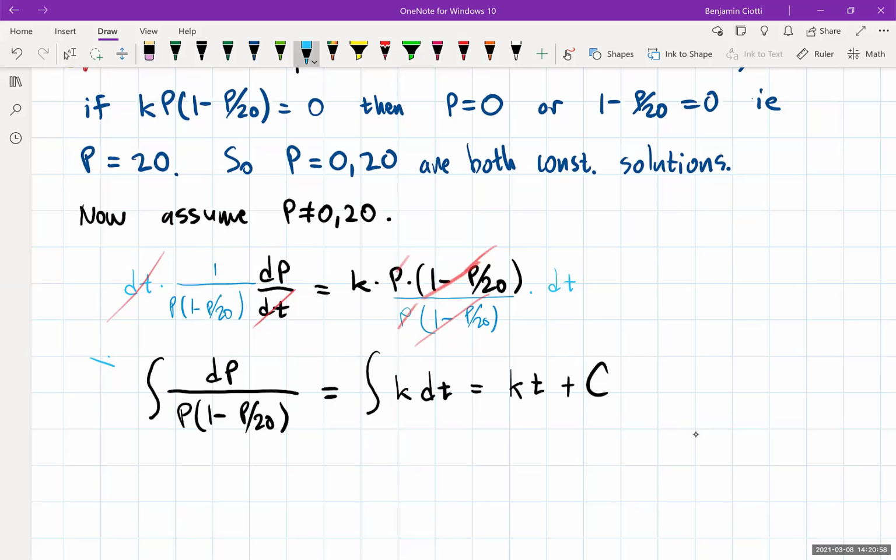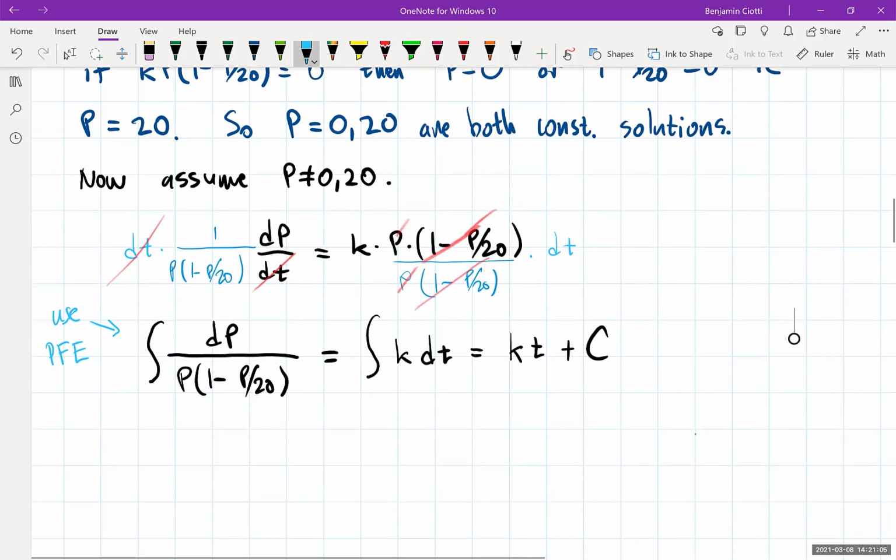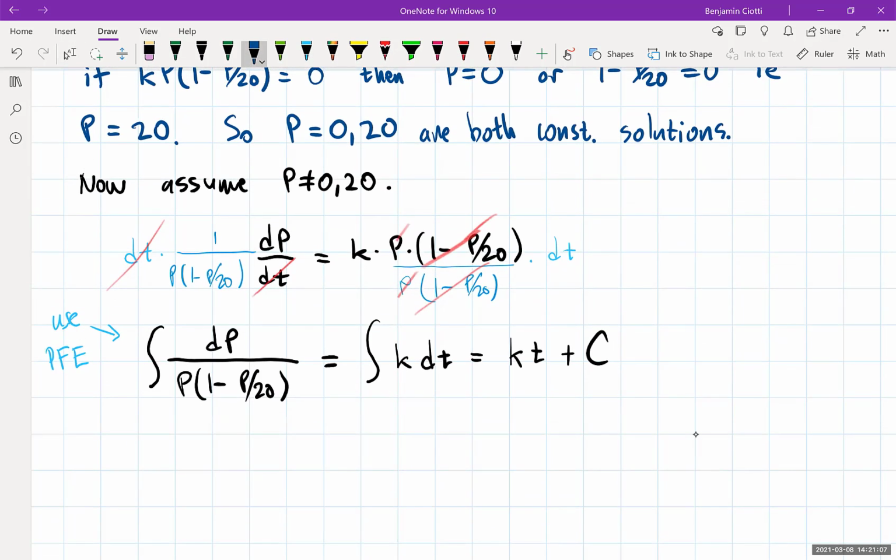So let's use the partial fraction expansion on that term on the left. So let me expand it. 1 over p times 1 minus p over 20, I think I'm going to multiply top and bottom by 20 to write this as 20 over p times 20 minus p.